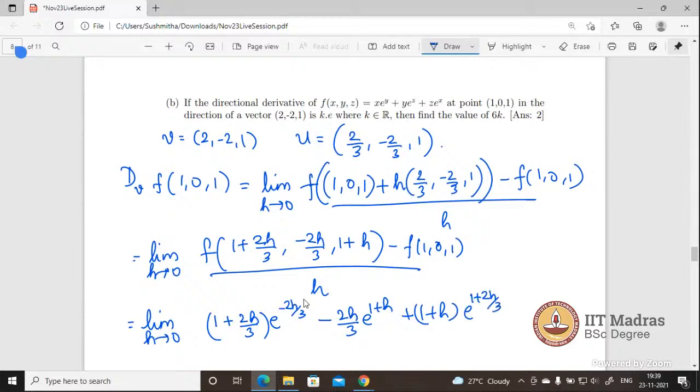You can also do x, y, z and then finally substitute x, y, z, but I have directly used (1, 0), minus f of (1, 0, 1).